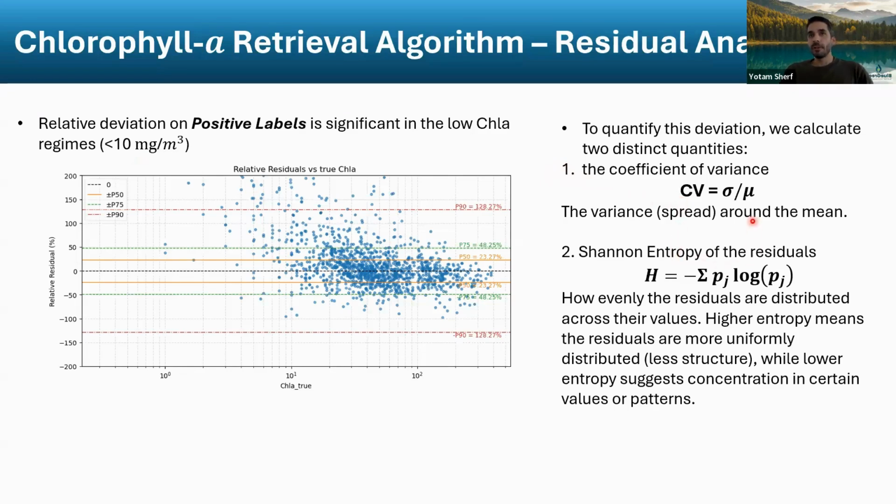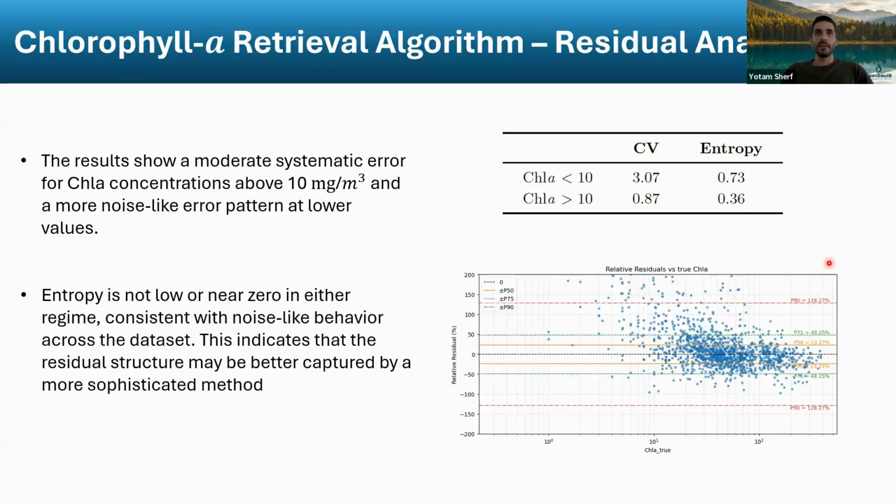The coefficient of variation tells you the spread around the mean, and the Shannon entropy of the residuals tells you how evenly or uniformly the errors are distributed. Higher entropy means the residuals are more uniform, and where the residual is concentrated in a very small regime, the entropy is very low. So we calculated the coefficient of variation and entropy above and below 10.